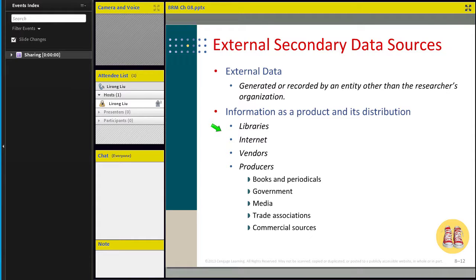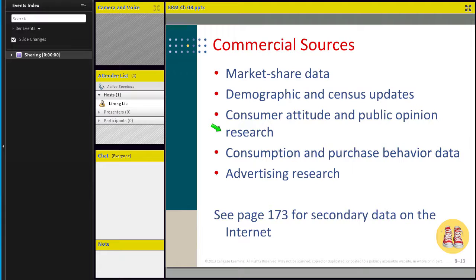The government and a lot of organizations do collect data and make it publicly free. There are also databases that are collected by a specialized company, and they sell the data for profit, and such data are also called secondary data. All right.